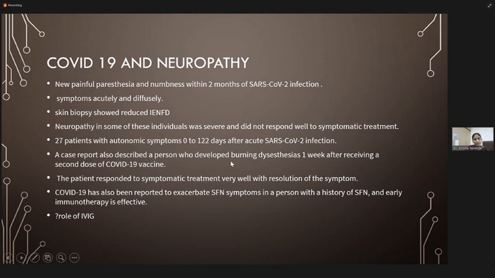There was a case report 1 week after receiving the second dose of COVID-19 vaccine, probably immune mediated because they responded very well to immunotherapy. So probably the vaccine reaction is immune mediated and the COVID infection is probably directly toxic. The reports mentioned a speculation for the role of IVIG in COVID-19 associated neuropathy.